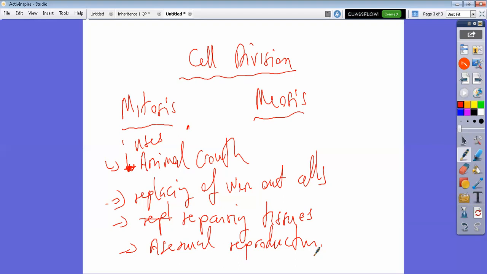Different cells? No, it is not different cells, Jordan. We're saying when you're growing, it happens by mitosis, so the cells are identical. So what's the reason? The reason is that there are certain alleles that are not expressed.